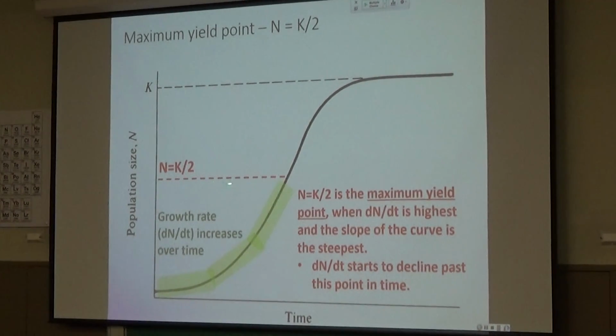At this point, when population size is half the carrying capacity, the population growth rate is the highest. It reaches its maximum at K over 2. Past that point, population growth rate will decrease until it reaches 0 and the population remains constant over time.